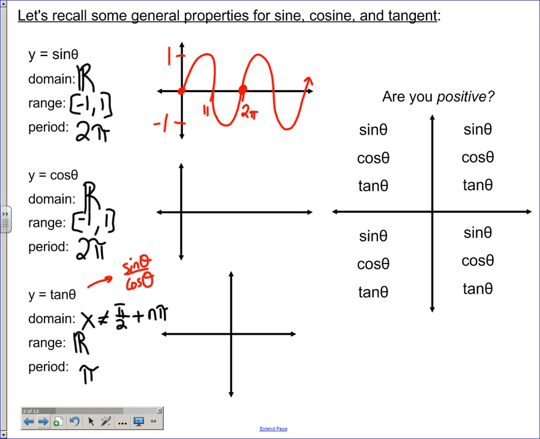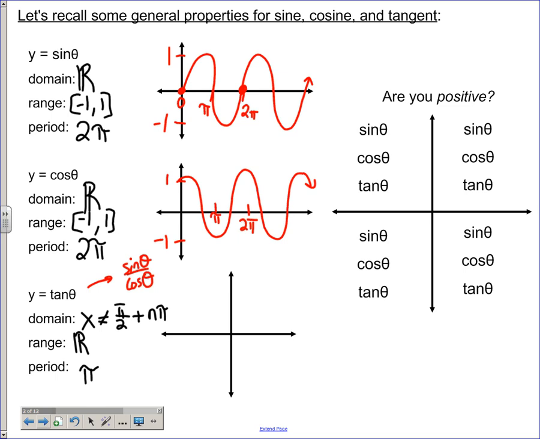So our zeros are at 0, pi, and 2 pi. And we can continue our graph likewise. Now cosine, on the other hand, starts at a maximum of 1. It oscillates from maximum to minimum and back to maximum in a full period of 2 pi.